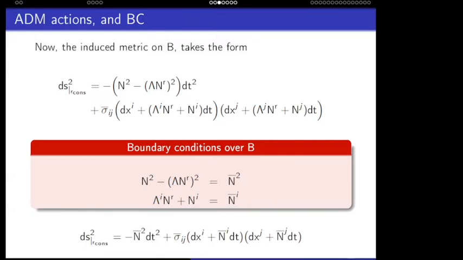No, this is completely fixed at the spatial boundary. Let's see what is happening here. Usually we consider that in the ADM without boundaries, these degrees of freedom, the lapse and the shift function, are independent.